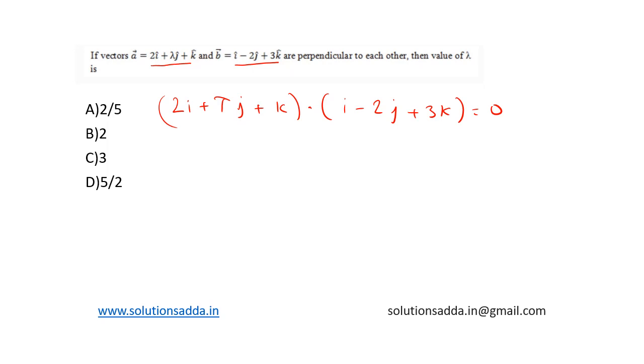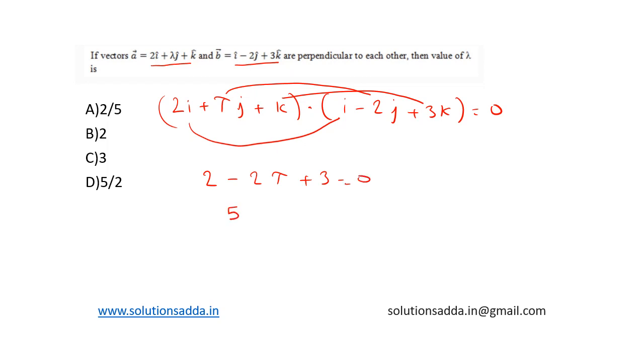Multiplying, we can write it as 2 minus 2 lambda plus 3 is equal to 0. 5 minus 2 lambda is equal to 0. 5 is equal to 2 lambda.